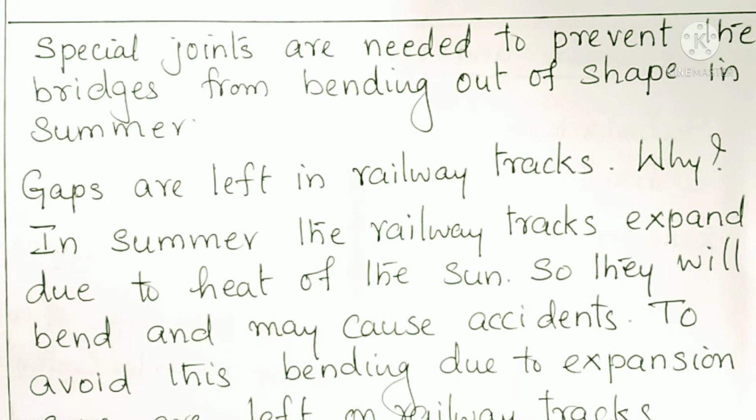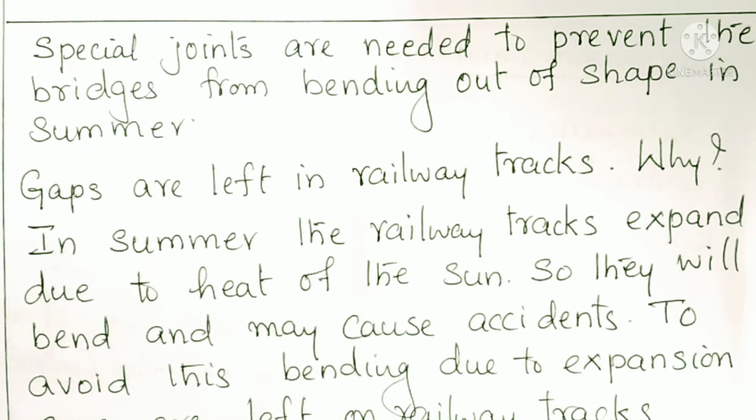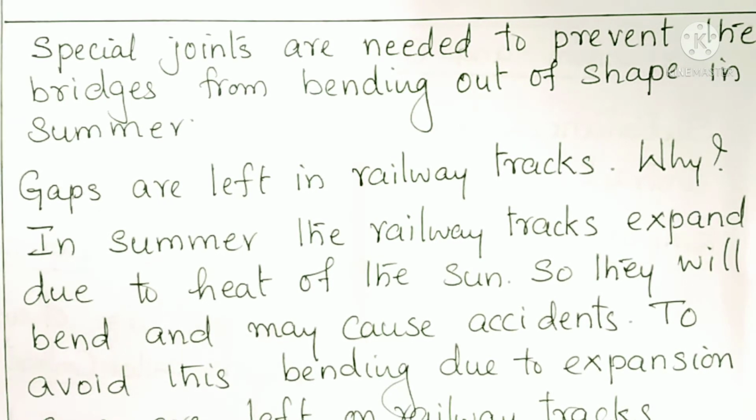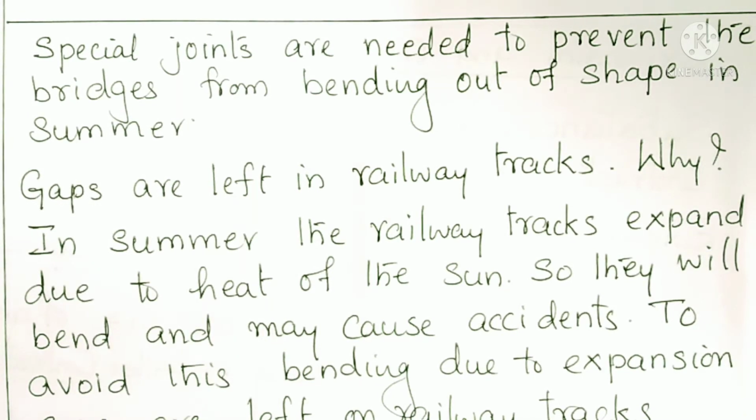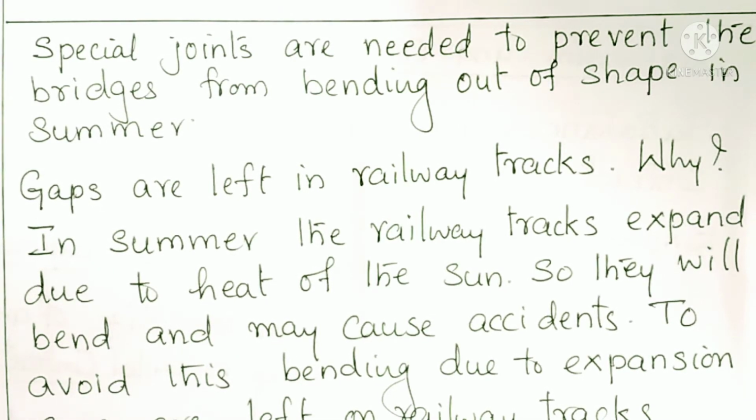So, we use the positive effects, and we try to overcome the negativity by some means. Okay. So, here we are going to discuss some of the problems that we face due to expansion or contractions.